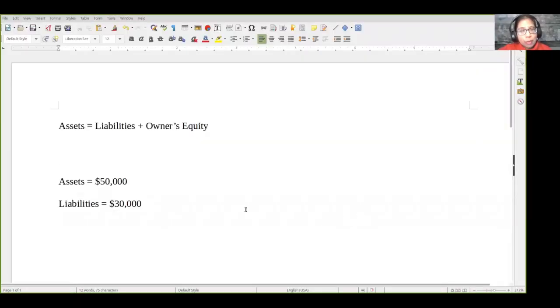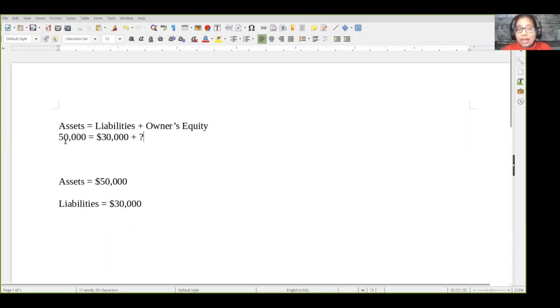Assets is equal to liabilities plus owner's equity. So if we look at this example here, we have assets is equal to 50,000, liabilities is equal to 30,000, right? So let's put 50,000 as your asset and 30,000 as your liabilities.